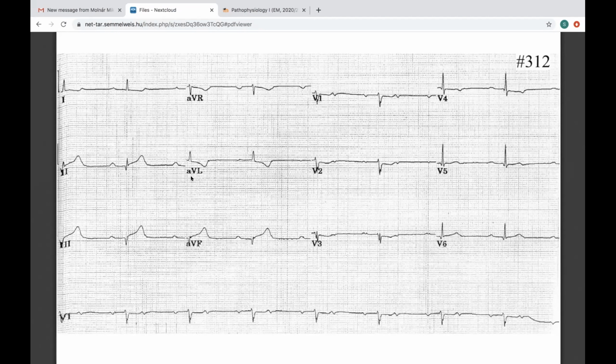And that's fitting very well because the AV node, the bundles, and the inferior part of the muscle are usually supplied by the right coronary. So it is possible that we do have this MI or this plug or thrombus in the right coronary. Okay, this was clear?